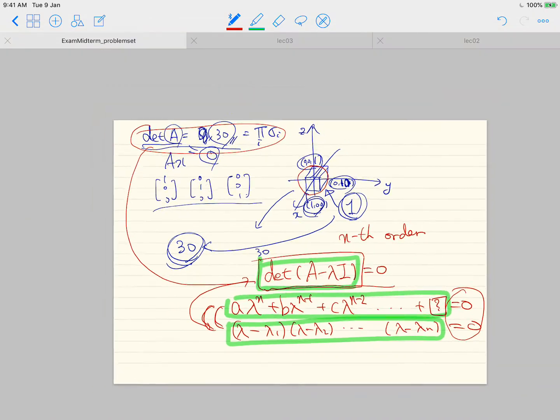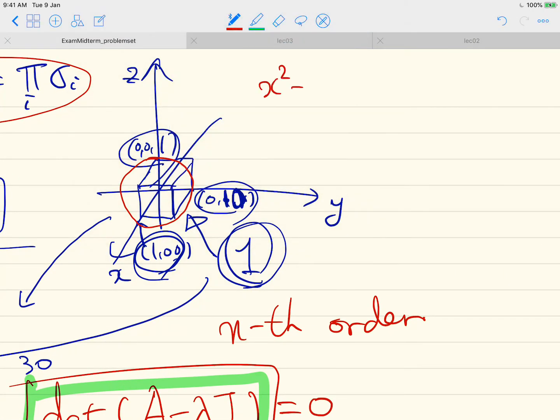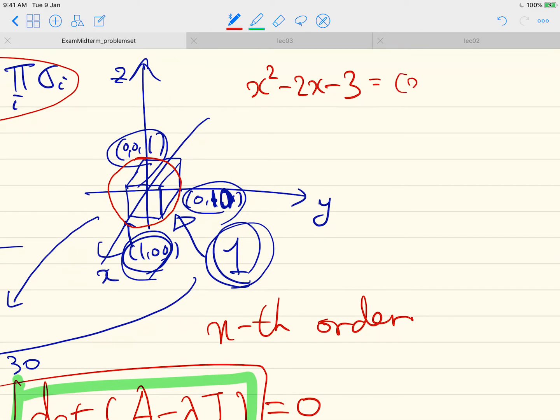Let me show an example. For example, we are given this polynomial representation. This is not an equation, right? And then suppose we obtained this factored form. They are the same, we know that, right?